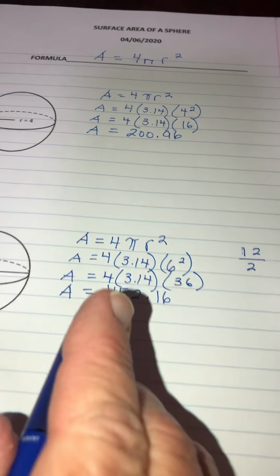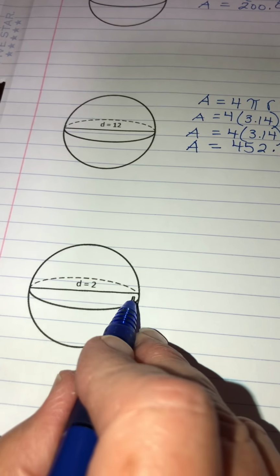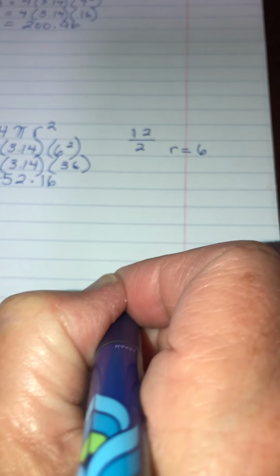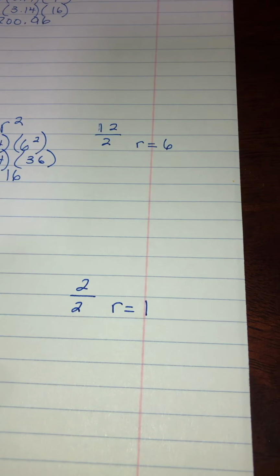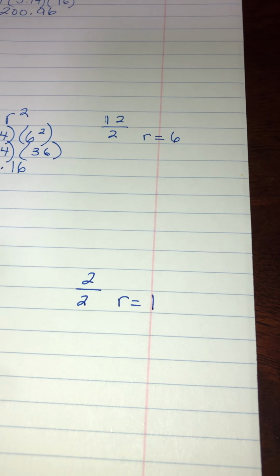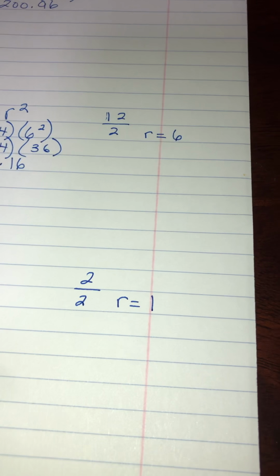And the last one. I can see there's a diameter of 2. So I know I have to take 2 and divide by 2, which gives me a radius of 1, because 2 divided by 2 is 1. You have to cut it in half, which is why we divide by 2, only when you have the diameter straight across.